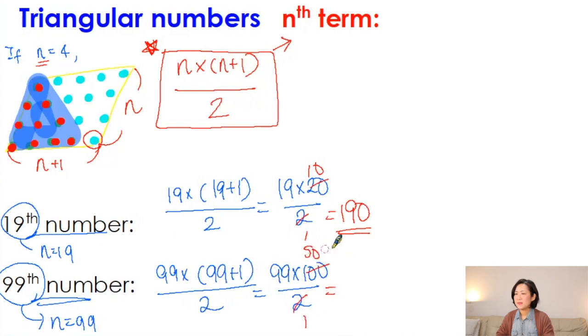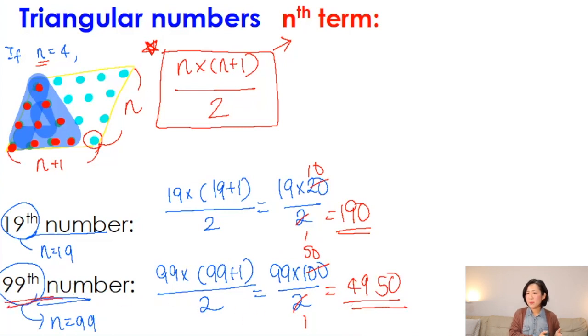Then 99 times 50 is 4,950. That means if you add up the numbers from 1 all the way to 99, all together it gives you 4,950. Don't just add up all these 99 numbers. Just simply use our formula for triangular numbers.